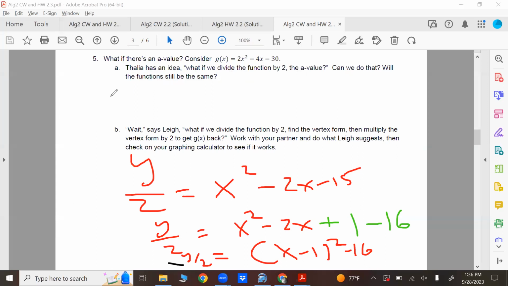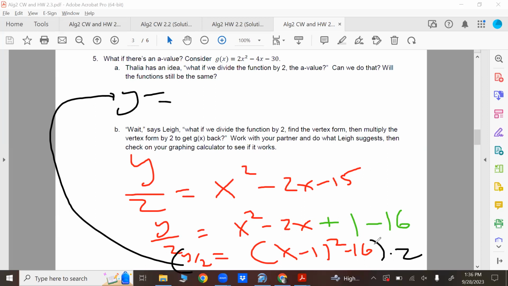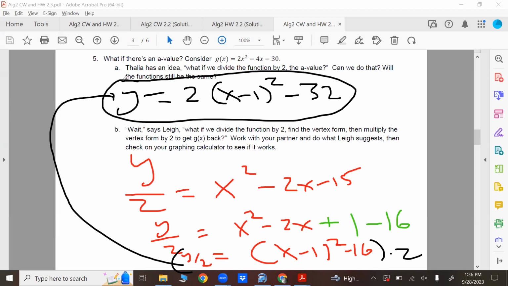so I multiply both sides by 2, what's the final answer? Y equals what, guys? If I multiply both sides by 2, 2. And then negative 32, because you have to multiply that by 2 also. So you could do this without having to find the x-intercepts.